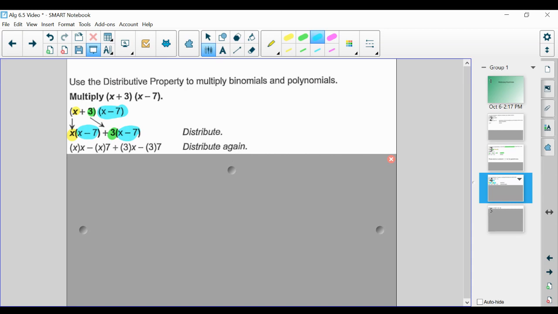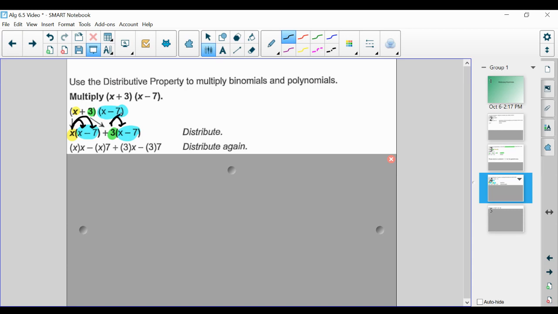And now we can distribute once more. So we have x times x minus 7, which turns into x times x, and x times 7. Let me draw some arrows here for you. So this x goes to here and to there.